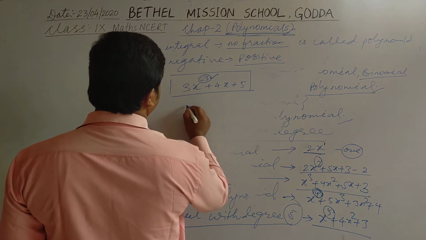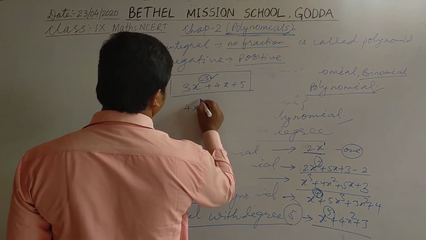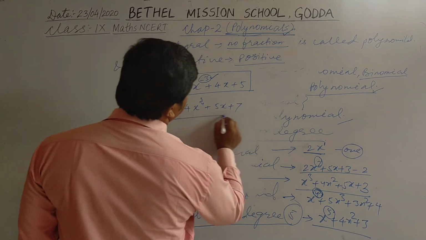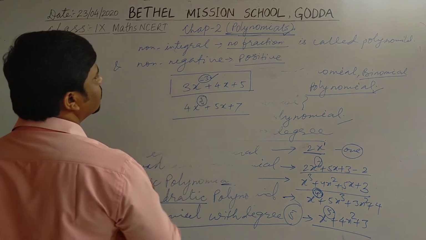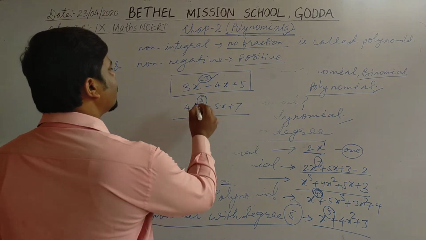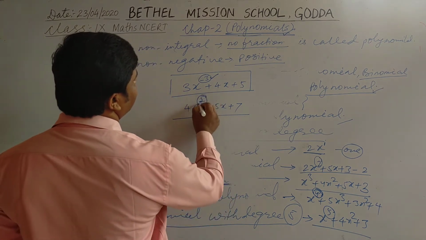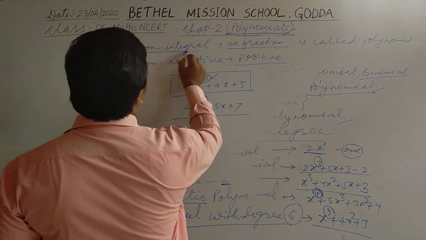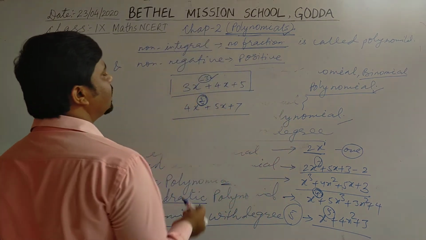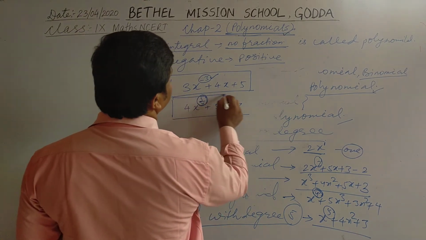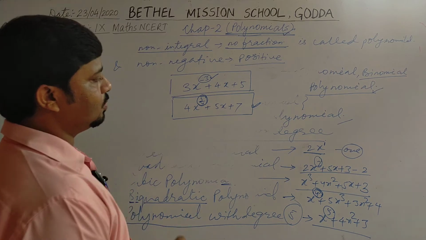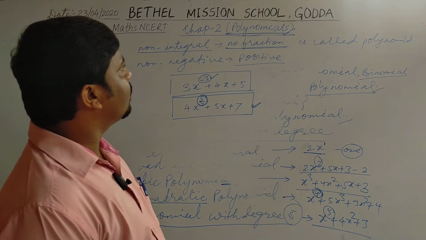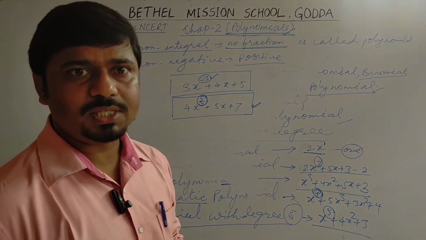Another: 4x raised to power 3 by 4 plus 5x plus 7. You can see here the degree is 3 upon 4, which is a fraction. If the degree is a fraction, this type of expression is not a polynomial. So you understood how to identify polynomials? We will see some more examples.